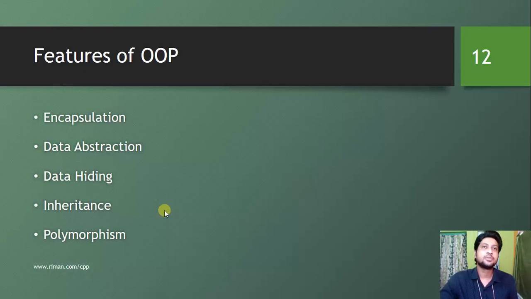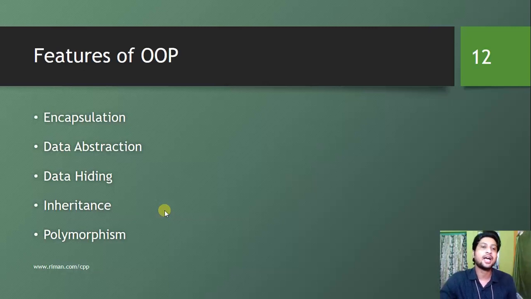So data abstraction means hiding the non-essential details and only highlighting the essential details. In C++, the class is actually doing all the work of data abstraction. Data hiding, this concept is closely related to encapsulation and abstraction.